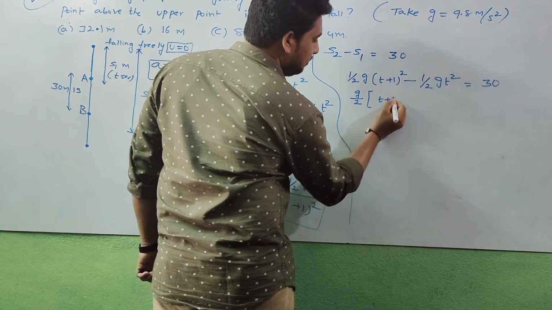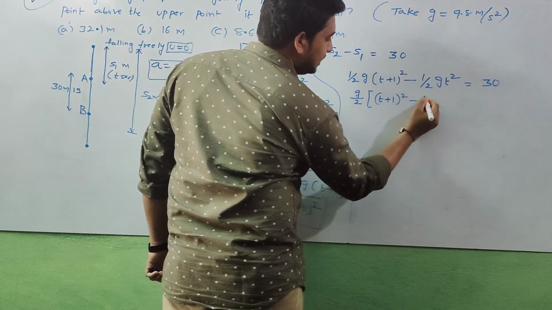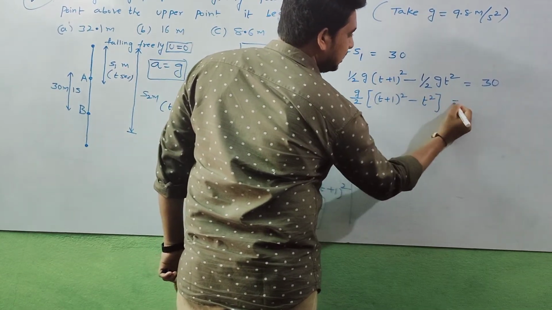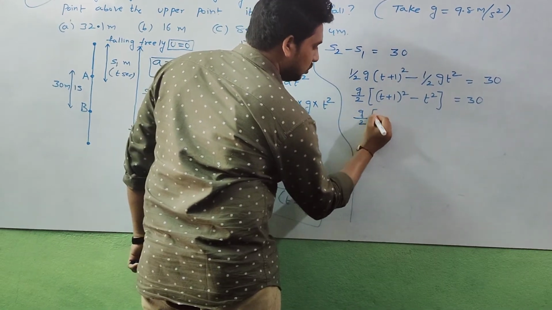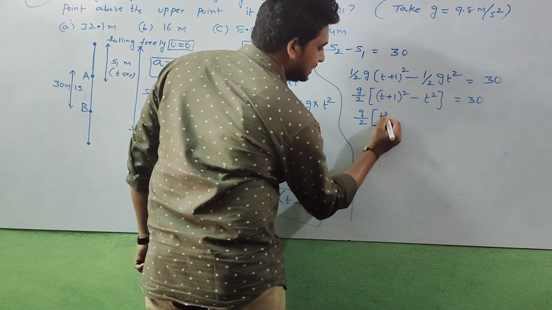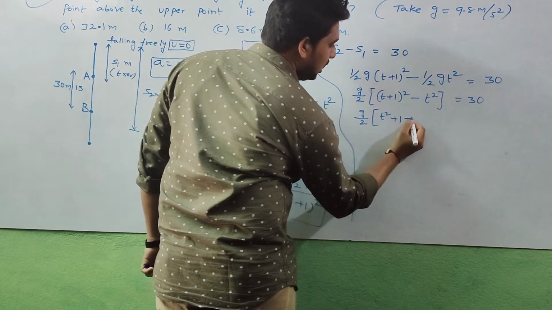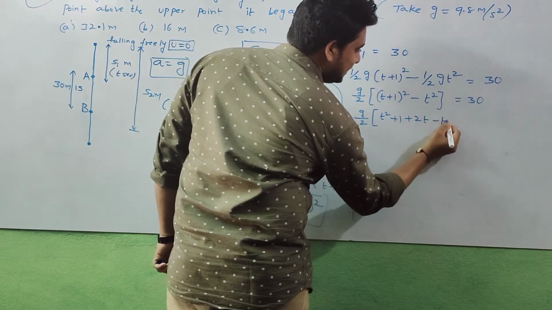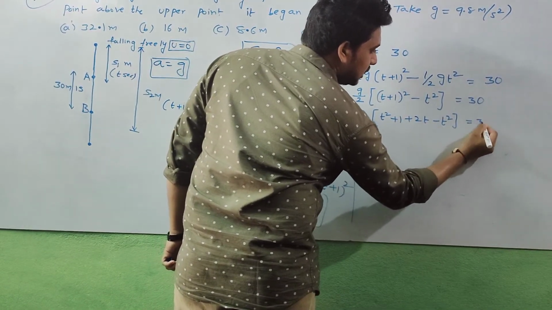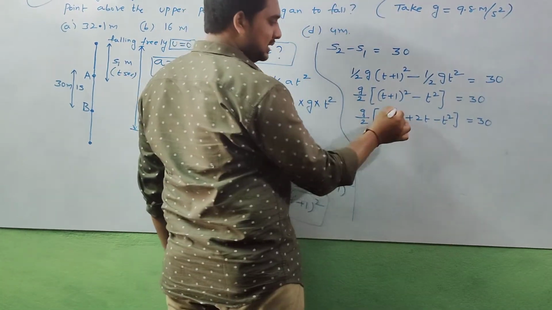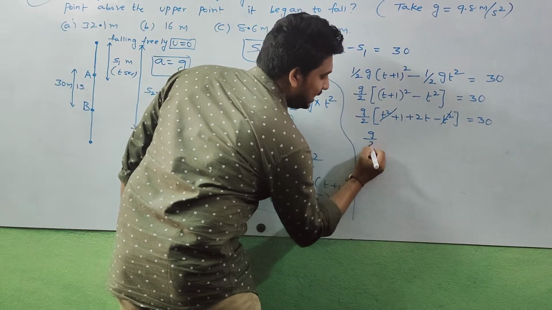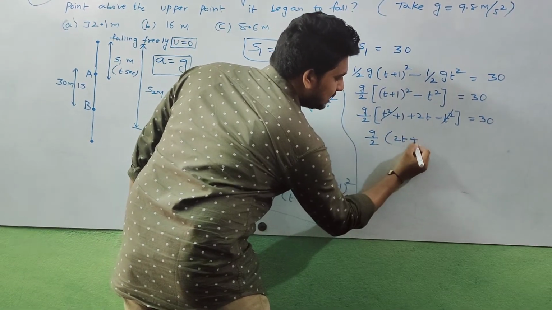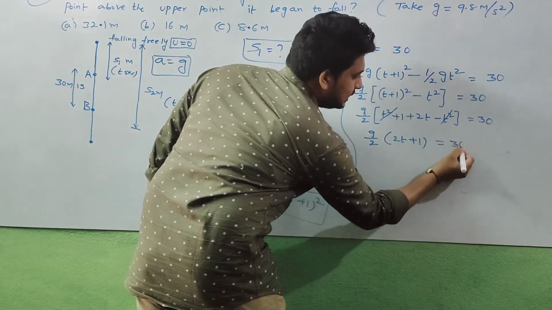From this, g by 2 into t plus 1 whole square minus t square is equal to 30. t plus 1 whole square means t square plus 1 square plus 2t, minus t square. The t square minus t square cancel. So we got g by 2 into 2t plus 1 is equal to 30.